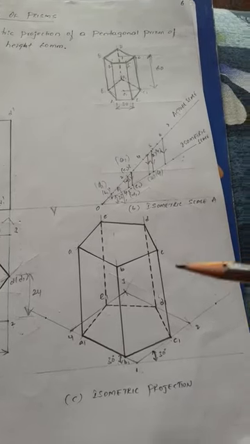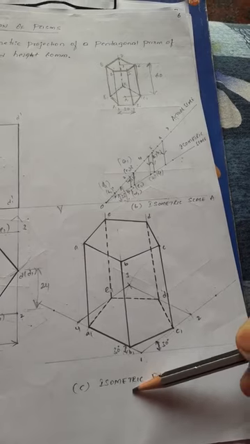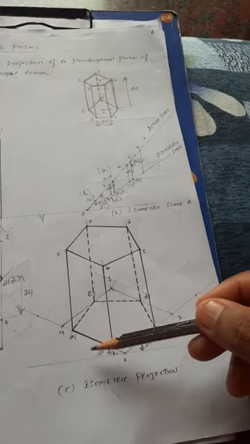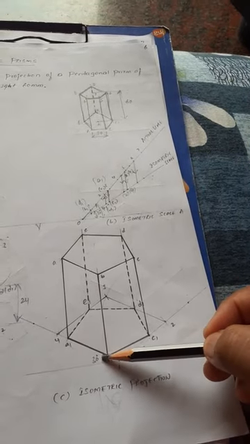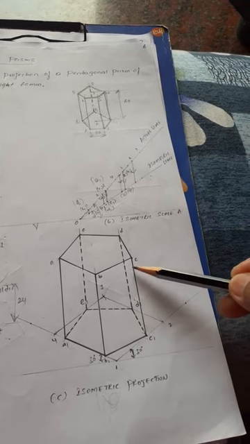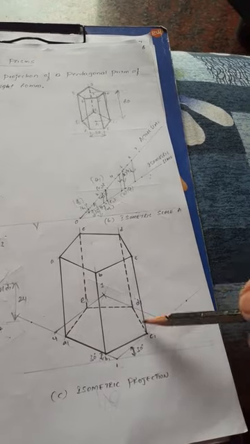Then which edges are nearer to the observer, here is the observer, right? Those edges nearer to the observer are visible. Then you make them continuous thick lines: A1 B1, B1 C1, then C1 to C, B1 to B, A1 to A, this is called a continuous thick line.